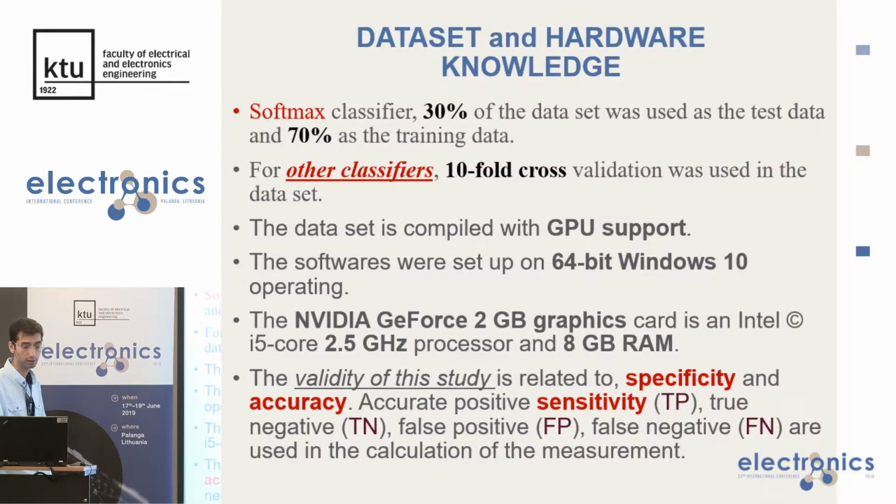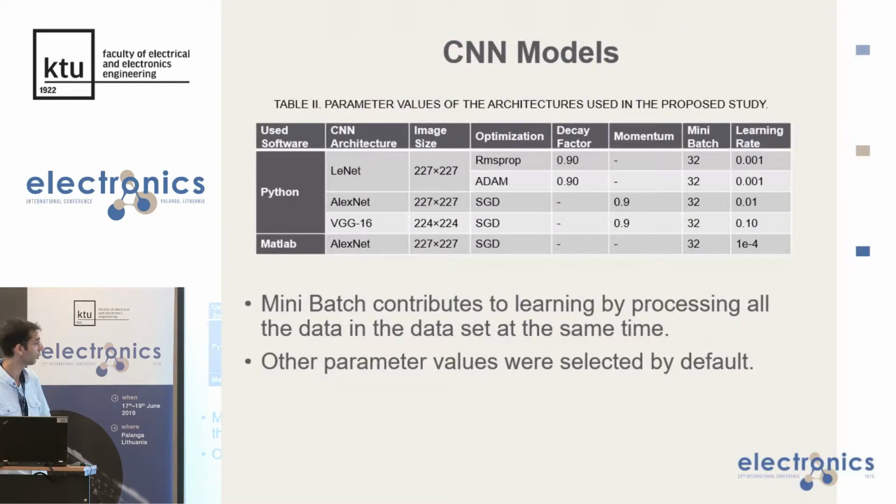For the validity of the study, specificity, accuracy, sensitivity, true positive, true negative, false positive, and false negative are used for measurement. CNN models LeNet, AlexNet, and VGG16 were used.